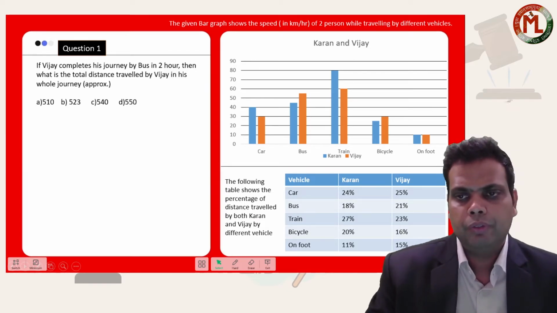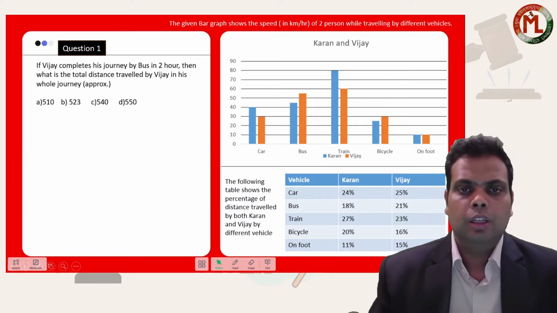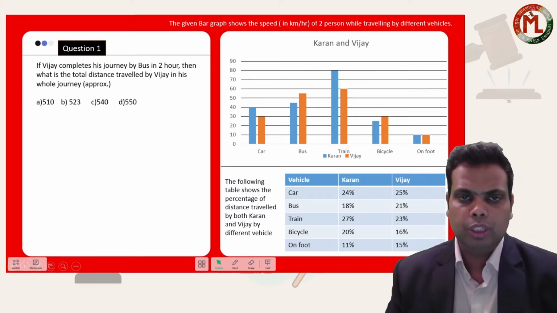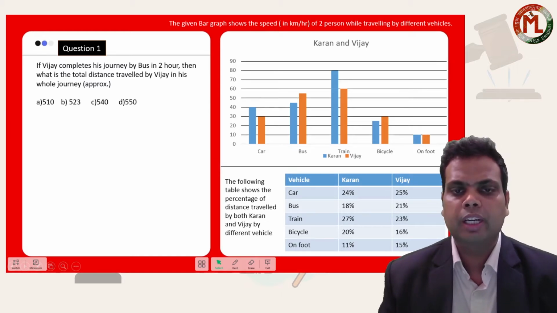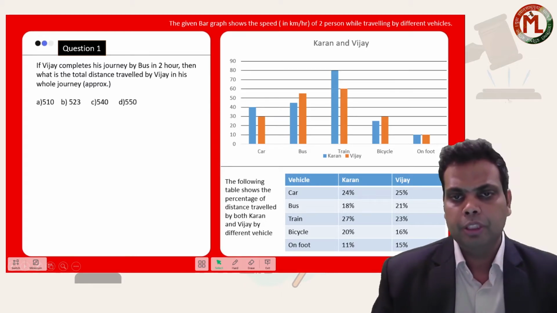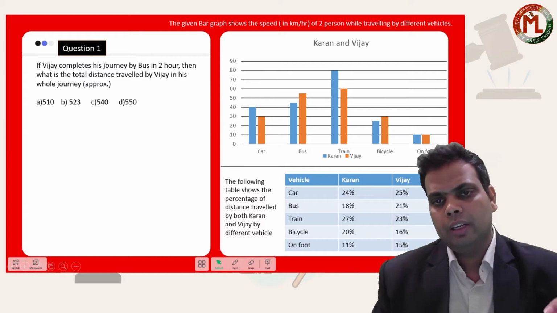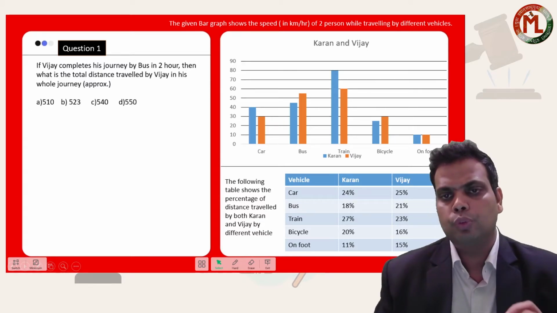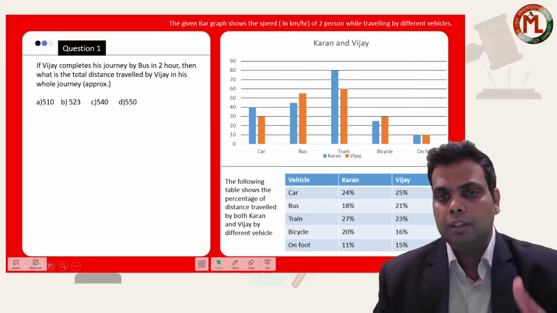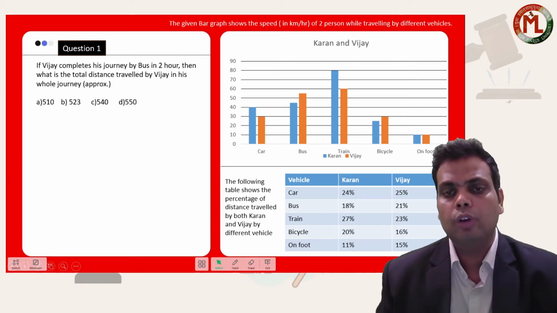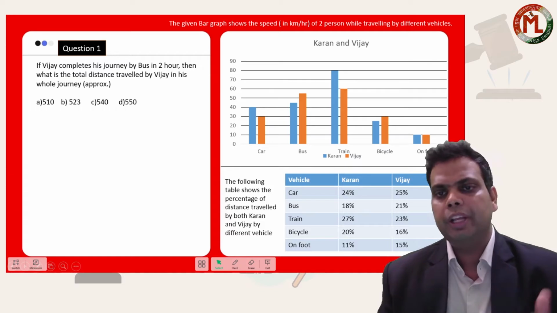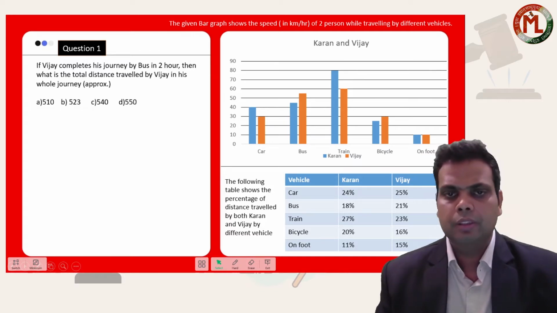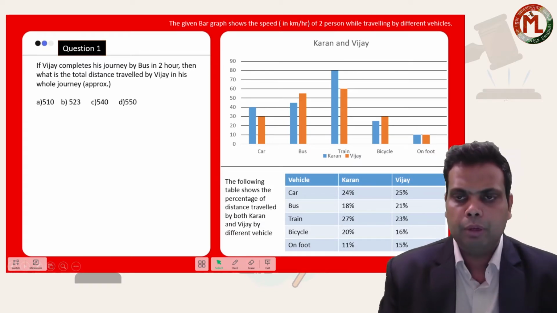The second graph, the table, shows the percentage distance traveled by both Karan and Vijay by different vehicles: car, bus, train, bicycle, on foot. Karan covers 24% of total distance by car. Vijay covers 25% of the total distance by car. So this is the table format, right?